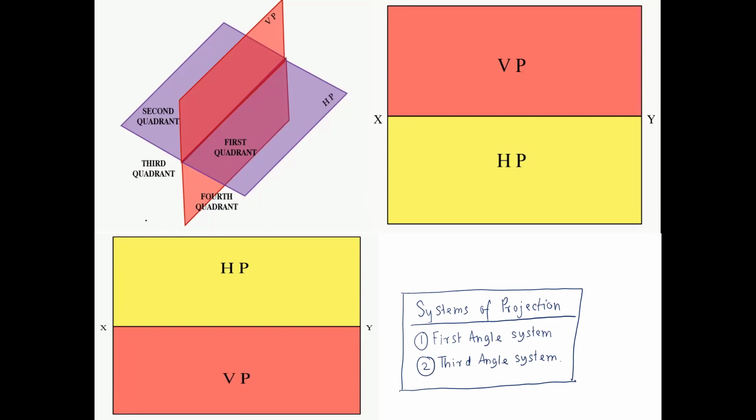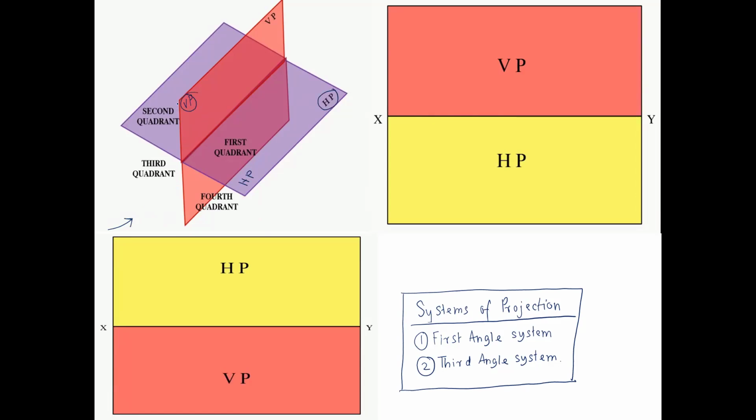So you look at this picture. I request all of you to look at this picture. Here you see this part of the red colored plane is the vertical plane, and this is the horizontal plane.